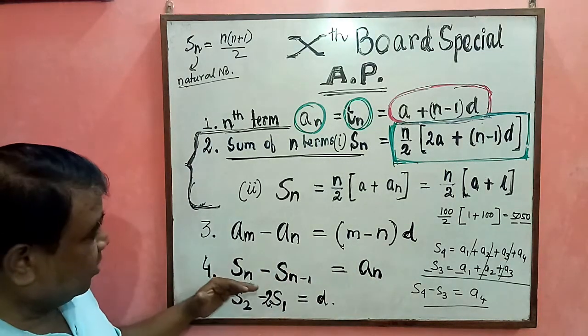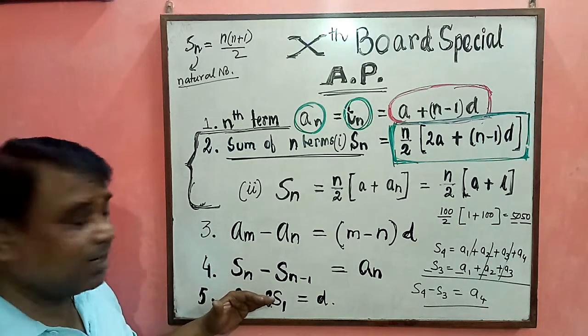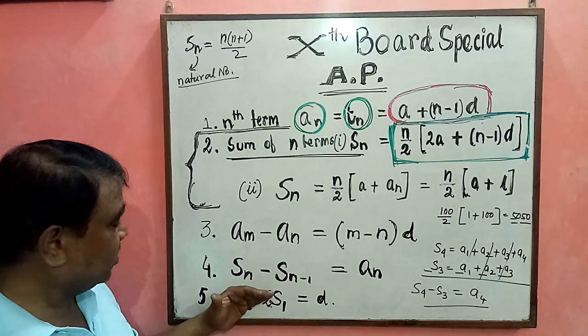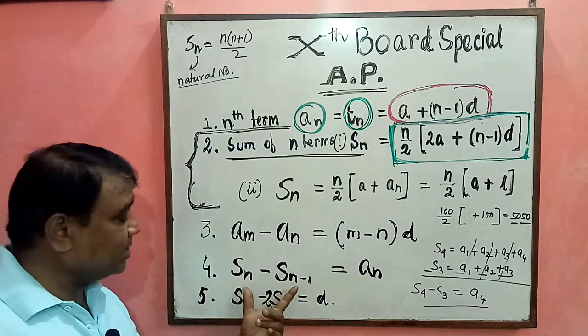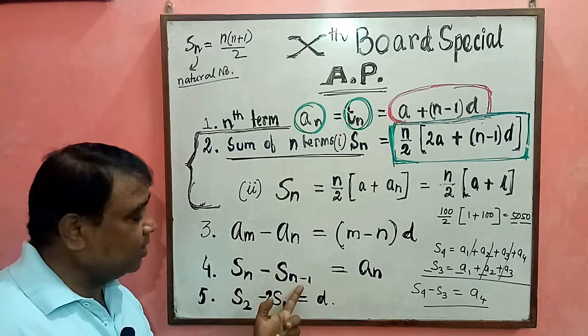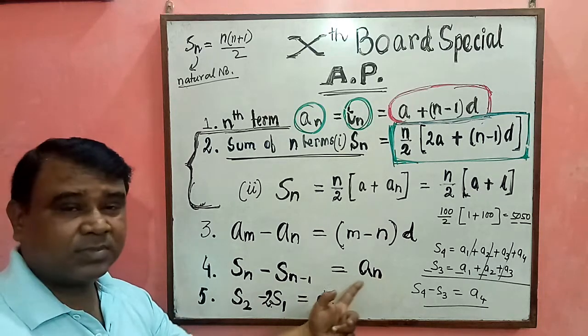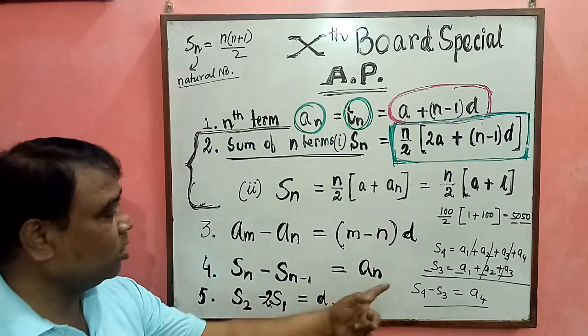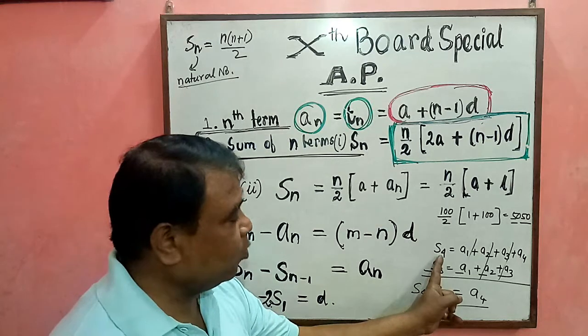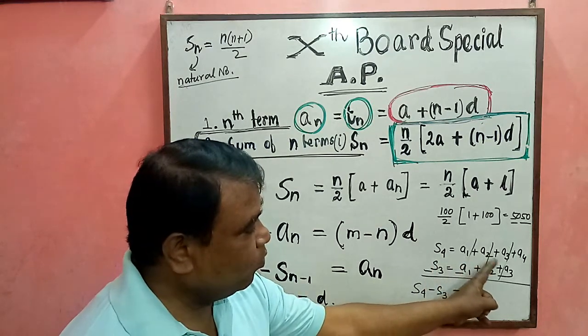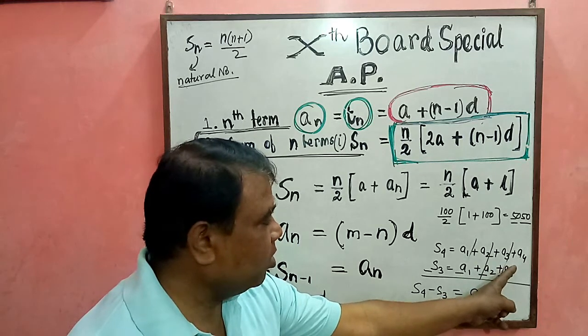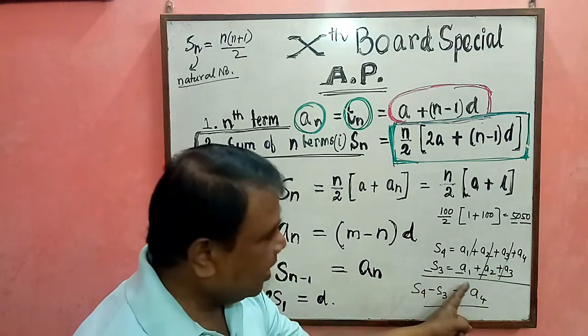Here also, when the sum of n terms Sn is given, then Sn minus Sn minus 1 will be the nth term, an. How? You see here, S4, sum of 4 terms, is a1 plus a2 plus a3 plus a4. S3 is a1 plus a2 plus a3.